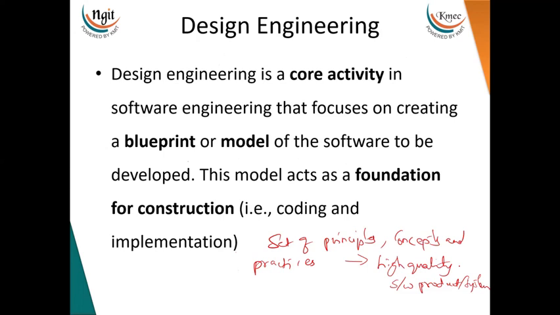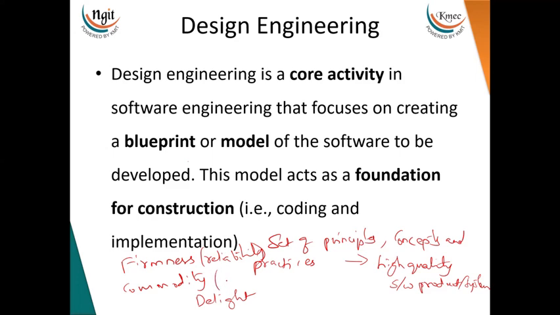So what are the goals of design engineering? It tries to create a model that exhibits features like firmness, commodity, and delight. What are these? Firmness is the reliability, the amount of correctness that exists in the model.